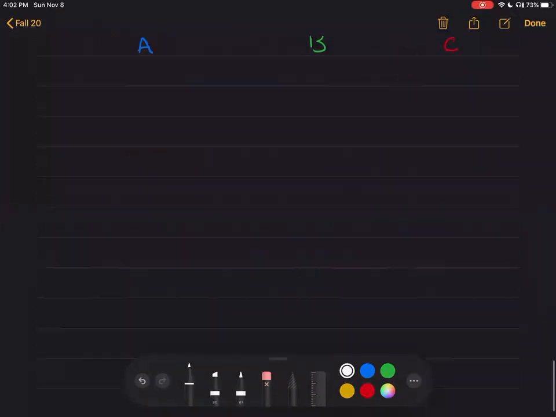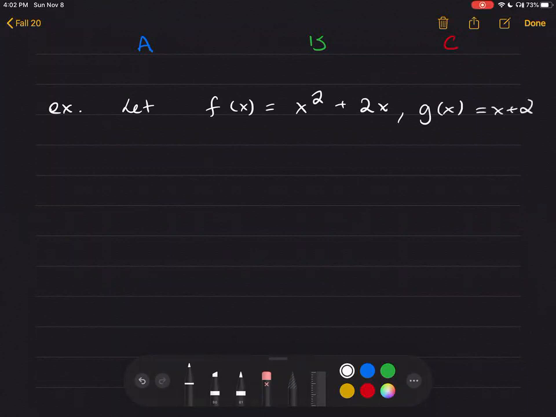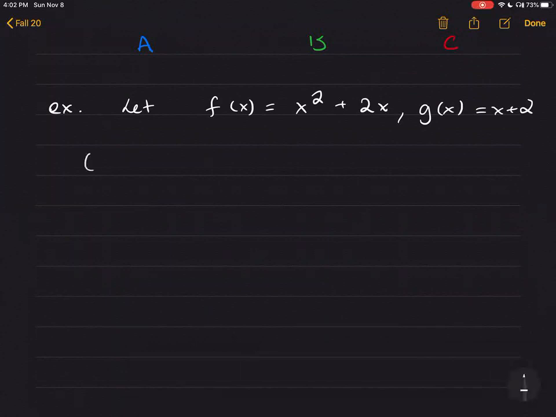But let's see an example of how to calculate these things explicitly. So let f of x be x squared plus 2x, and then we'll do g of x will be x plus 2. Okay. So let's look at f composed with g of x. So we saw that that's going to be f of g of x.